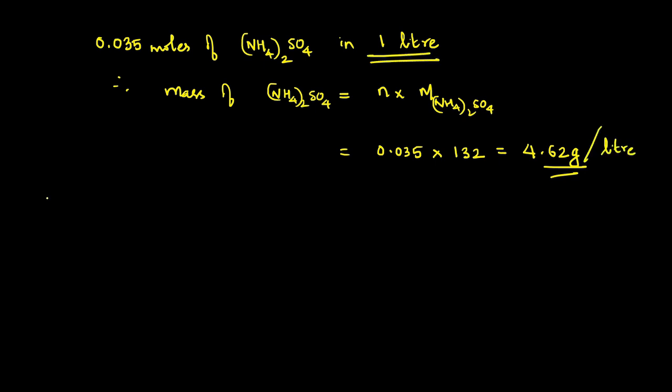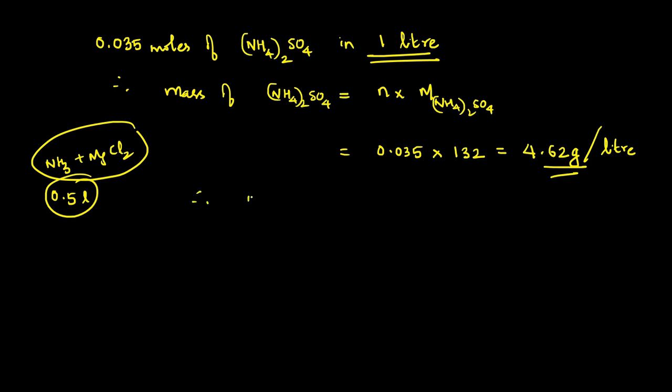And if you remember, our question has just 0.5 liter upon mixing NH3 and MgCl2. So the given volume is just half liter. Therefore, in 0.5 liter, the mass of ammonium sulfate will be 2.31 grams.